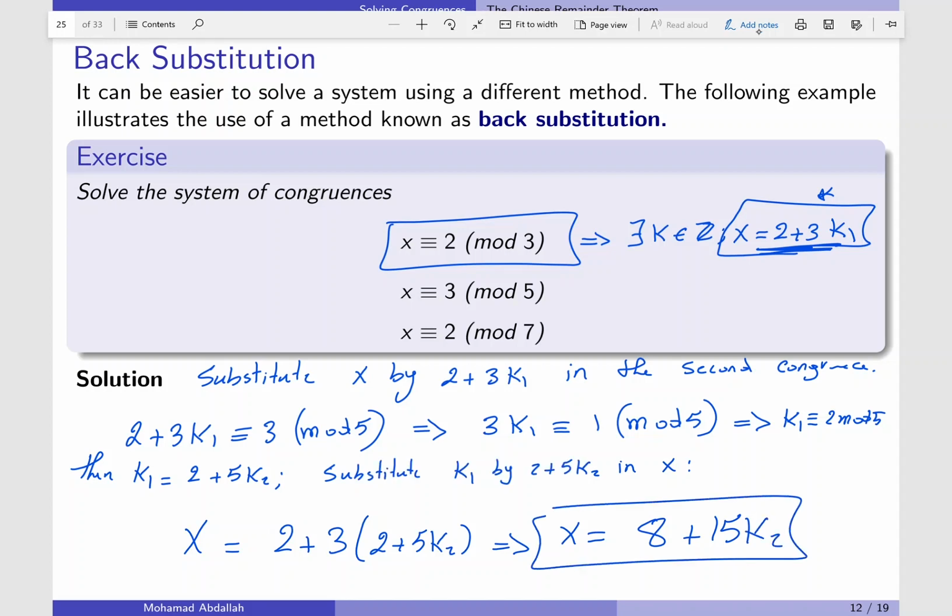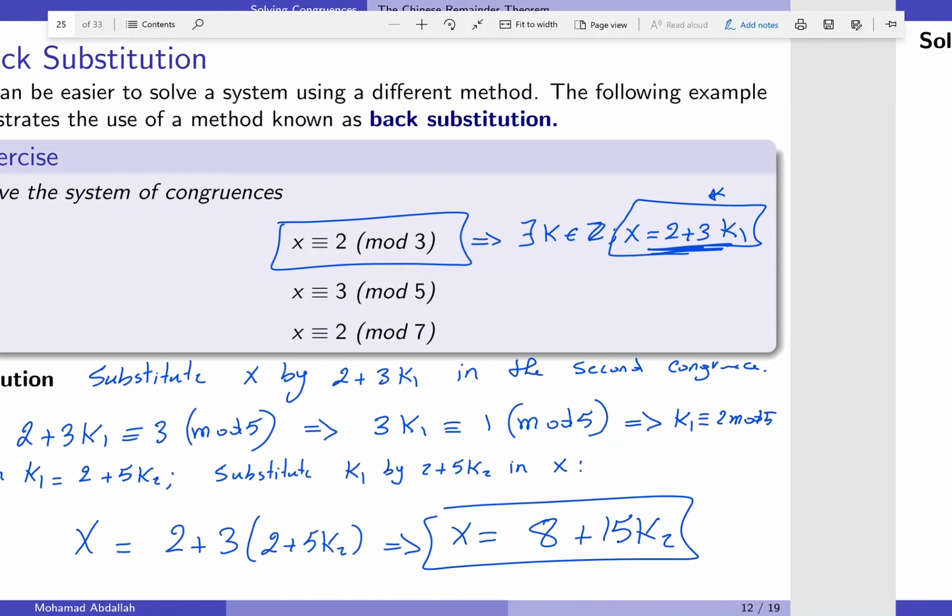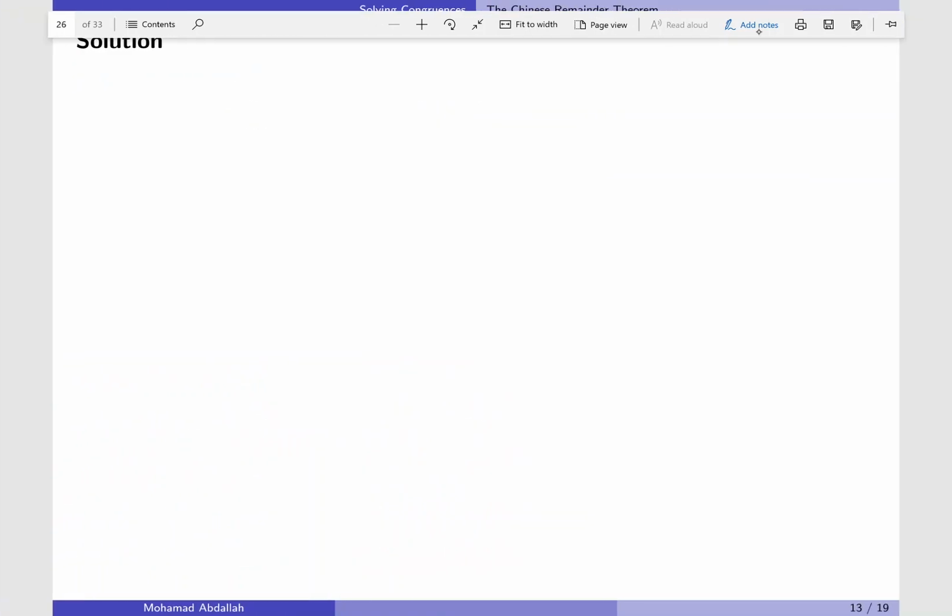So I started with x equal this, now x equal this. Then I'm going to substitute this one in the third congruence, so substitute x equal 8 plus 15k2.